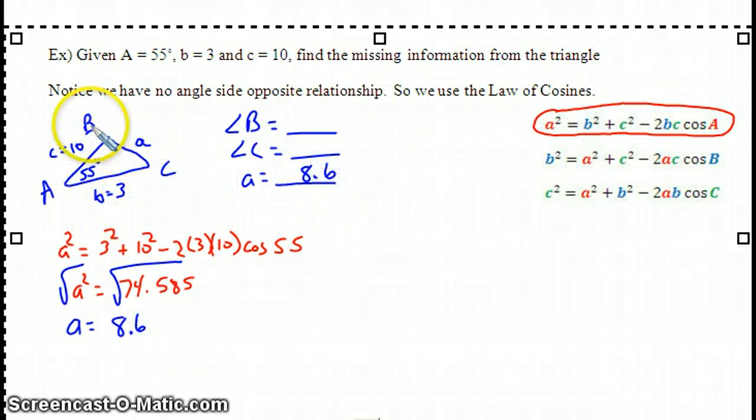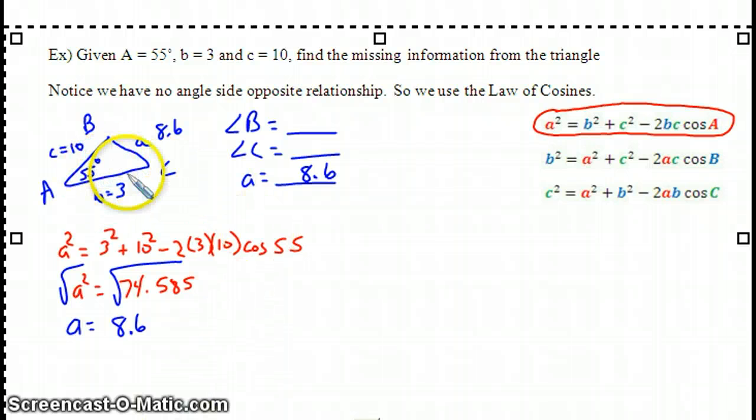So now that I know all three side lengths, I have a decision to make about which angle I want to find next. And here's an important piece of information to remember about using the law of cosines. What's nice about the law of cosines is you never have to check for the possibility of two different triangles, like you have to when you use the law of sines.